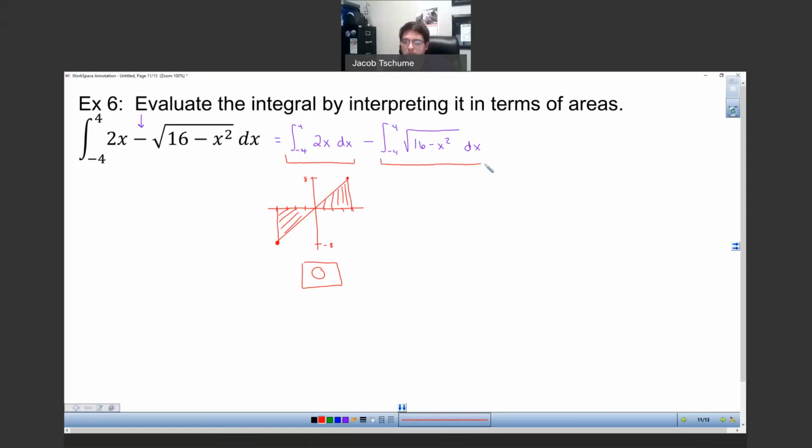What about this part? This may not be as common a shape to everybody, so let's see what ends up happening here. If you were to plug negative 4 into this function, you would get 0. If you were to plug positive 4 into the function, you would also get 0.